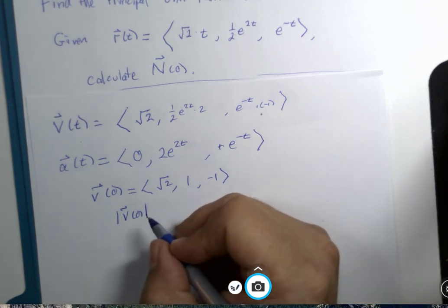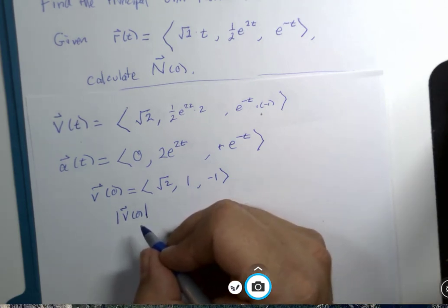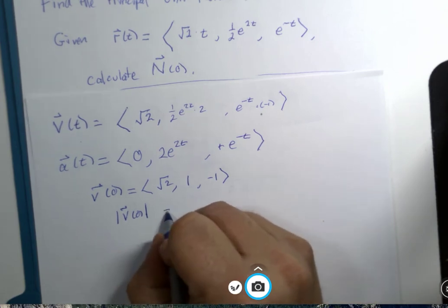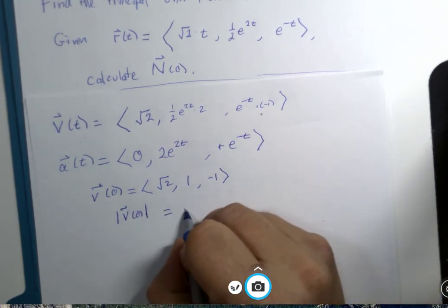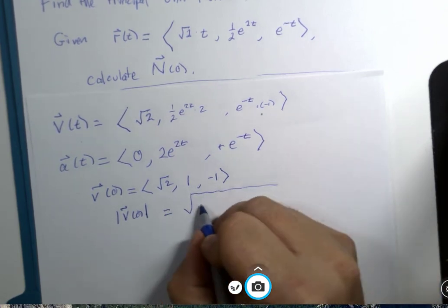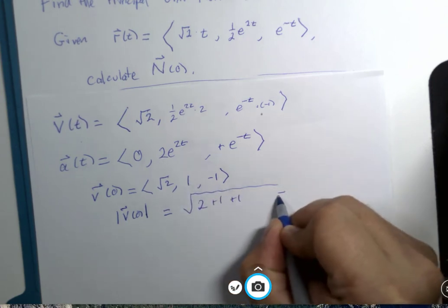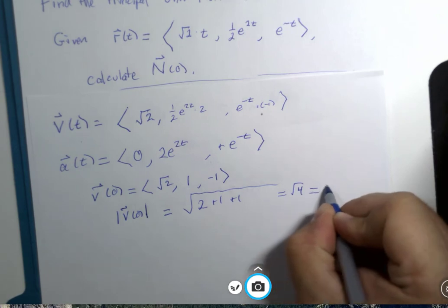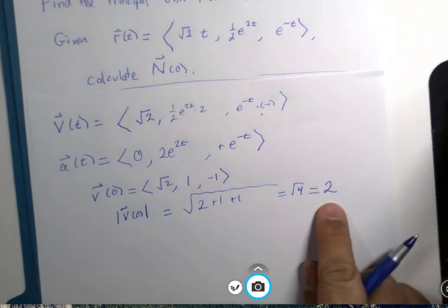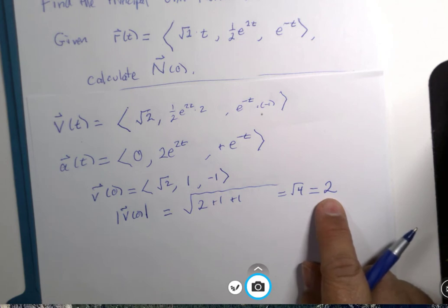This is where you'd pause and you could go back and peek again, right? The magnitude of that will be, when you square this, you'll get 2, and you'll get 1, and you'll get 1. That's the square root of 4, which is, hey, that's 2. It may never be a nice number again. It might be a root, a radical value.